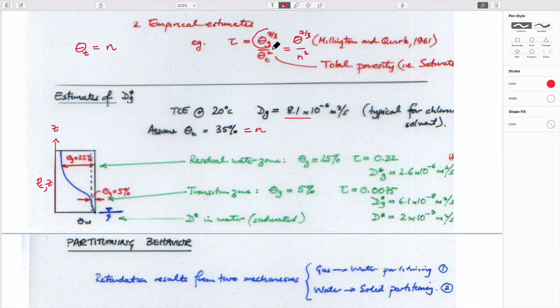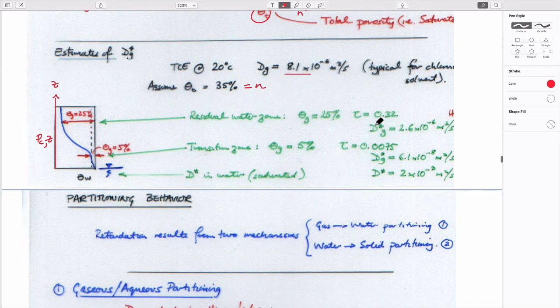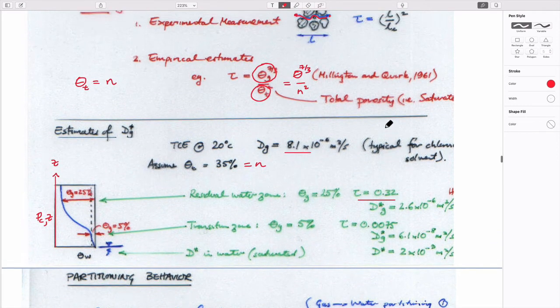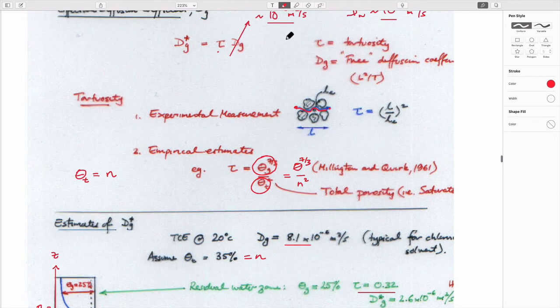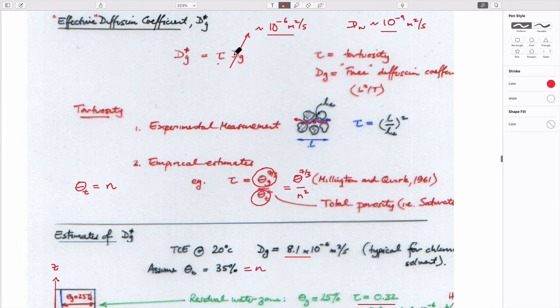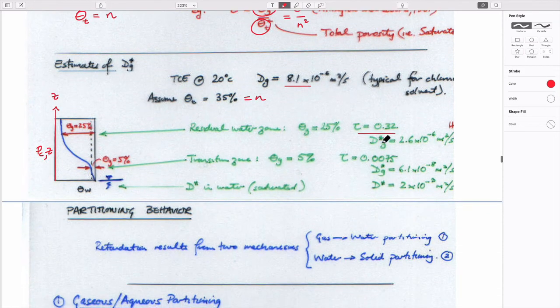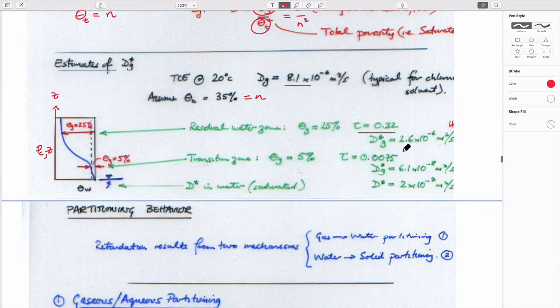So this is 25% to the 7/3. This is 35% squared. You get a value of this tortuosity, which is 32%. If you multiply that through by the straight diffusion coefficient for gas, free gas coefficient, then you end up with a relatively high gaseous diffusion coefficient.